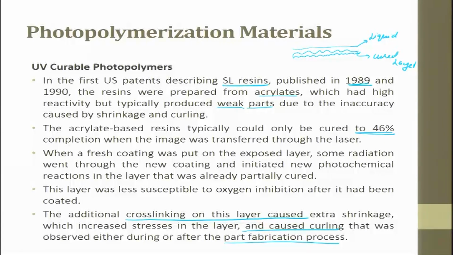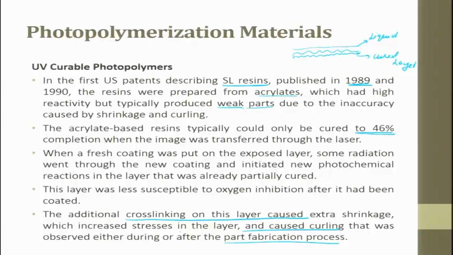The additional cross link on this layer caused extra shrinkage. Already it has formed the cross linking. Now you put one more layer and then expose it to light. This exposed light once again hits the layer which is cured. So there is extra shrinkage which is happening, which increases the stress in the layer and causes curling that was observed either during or after the part fabrication process.